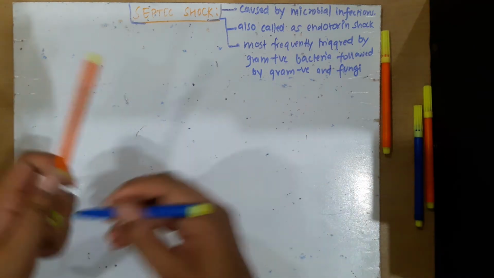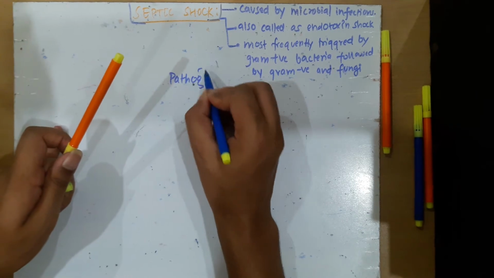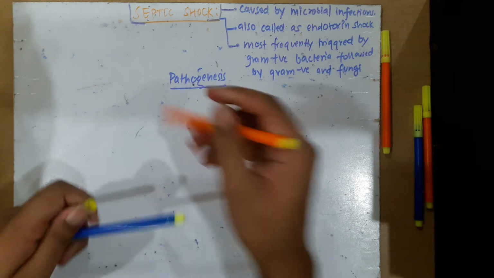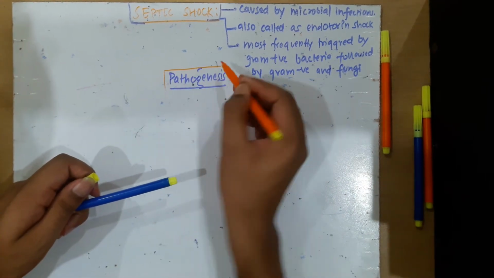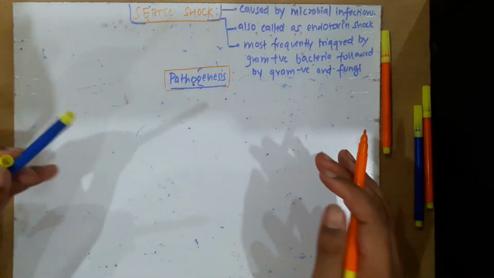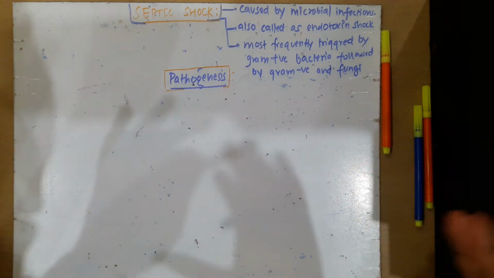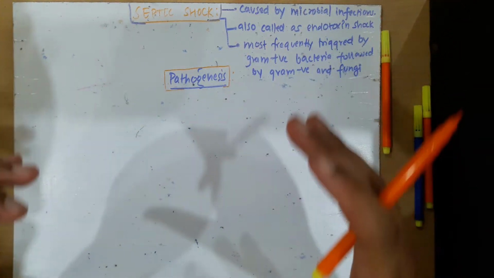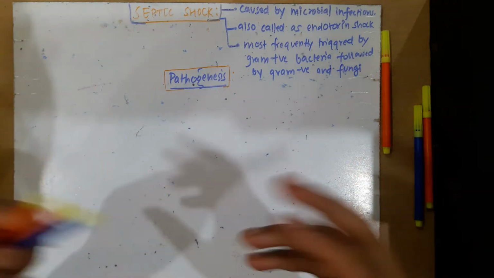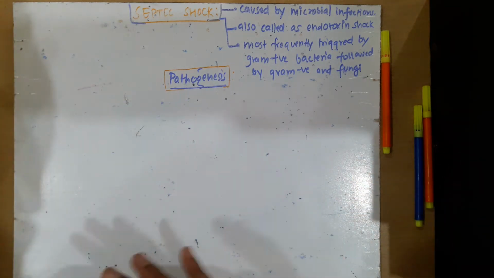Now let's get into the pathogenesis of septic shock. I'll make a table and try to explain the table with suitable points so that you can have a concrete note with a table and certain points, so it will be easy for you to write in the exams, as we have a lack of time in the exam and we don't have time to think and adjust.